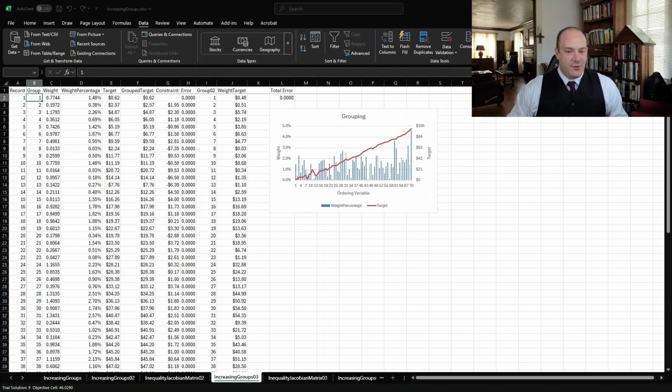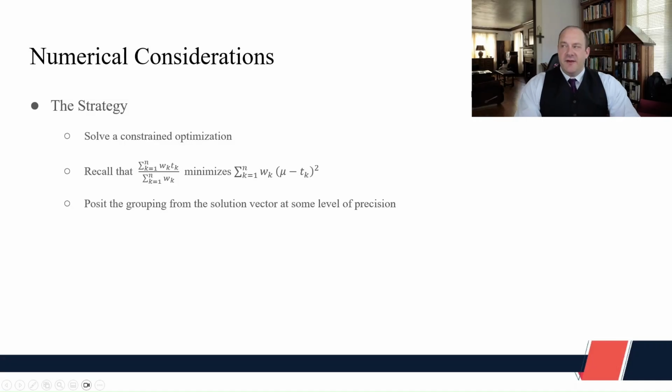Okay, so with that in mind, let's go back to the PowerPoint now. Okay, so everything I just said, what that means is that we need to update our strategy. So the strategy used to be solve the constrained optimization problem. How do you do it? Well, you recall that hey, if we have a vector of increasing components where the components are the same as the mean of the things that we group together, then we recall that the mean minimizes the sum of squared errors. That gives rise to this.